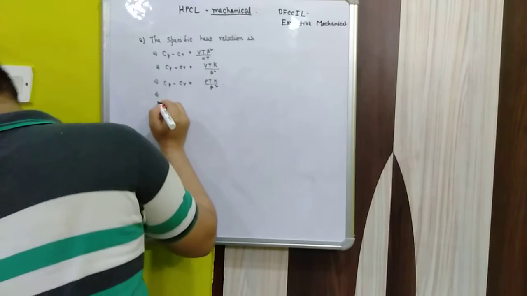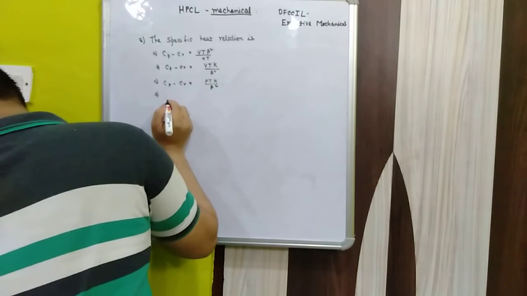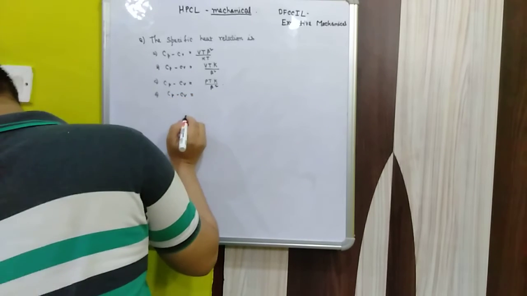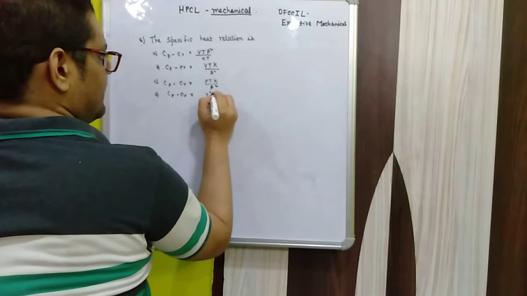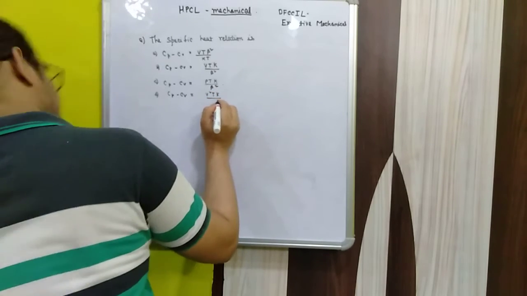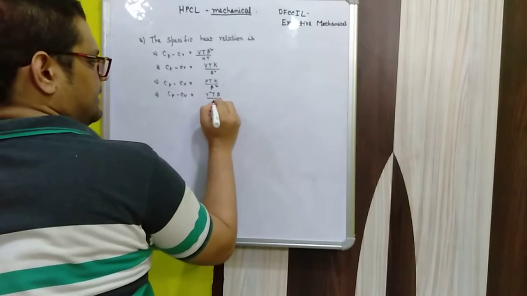And option D is Cp minus Cv is equal to V square Tk by V square T beta by K square.